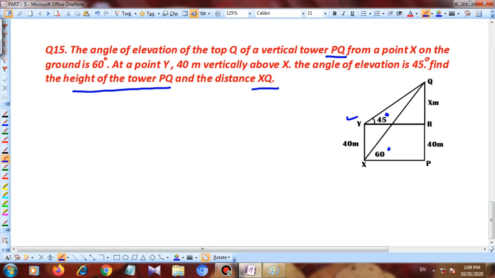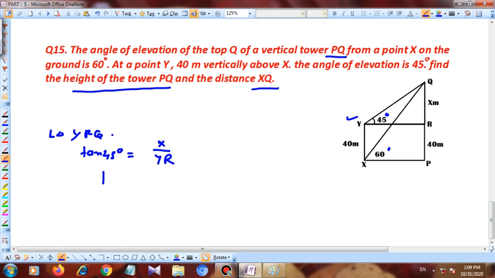And now in right angle triangle YRQ, tan 45 degree equal to, this is x upon YR, right?